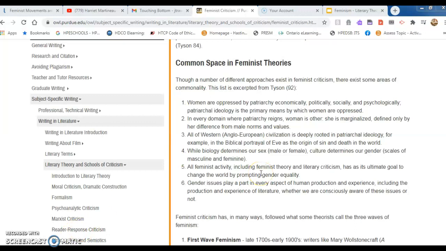Here's a key one. When we look at items in society and even literature from a feminist perspective, its goal is to change the world or to demonstrate gender equality or to represent the inequality and how you can reach for equality, and that they play a part in every part of human production and experience.